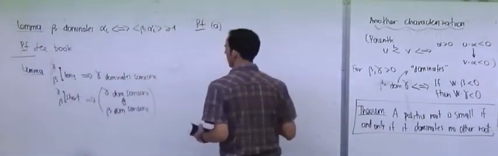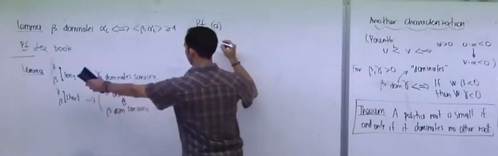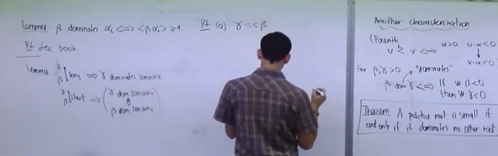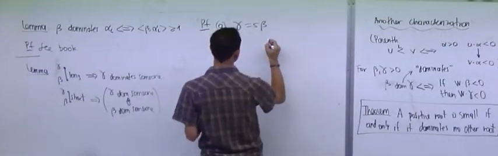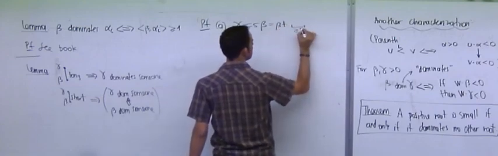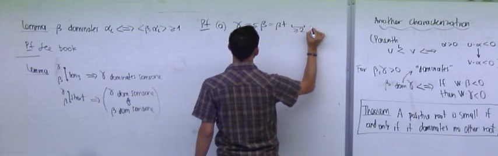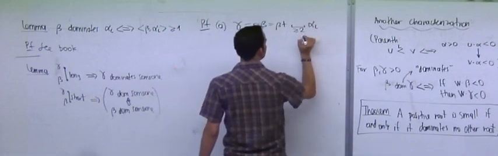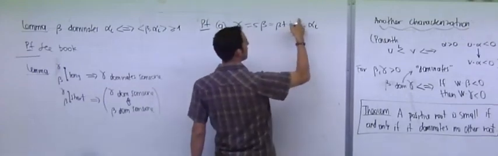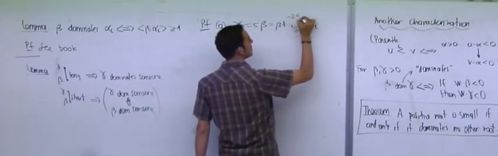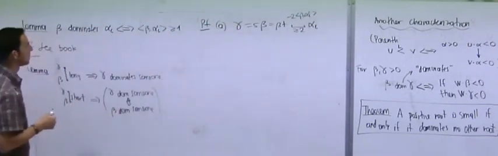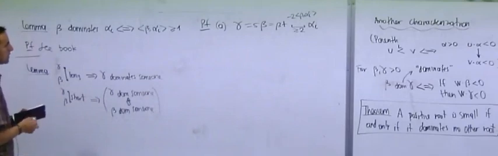For the first thing, let's suppose that it looks like this. So then gamma is equal to S beta for a long thing, okay? Which means that it's beta plus something greater than or equal to 2 times alpha I. And this number right here is minus 2, like this, okay?